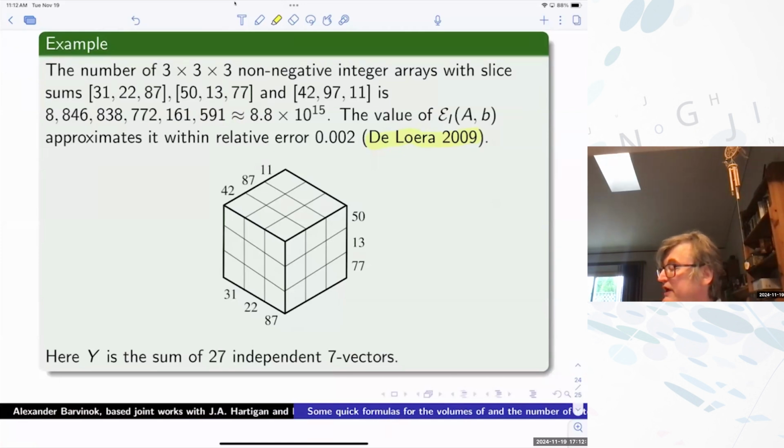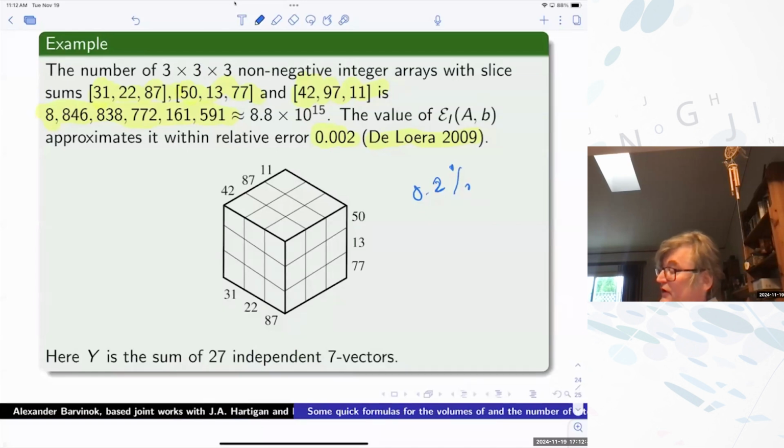There are altogether 9 sections, and here are the sums, and we want to know how many non-negative integer arrays of that type there are. And again, we know the exact number. And the estimate that I showed approximates that number within a relative error of 0.2%, right? Which is much better.